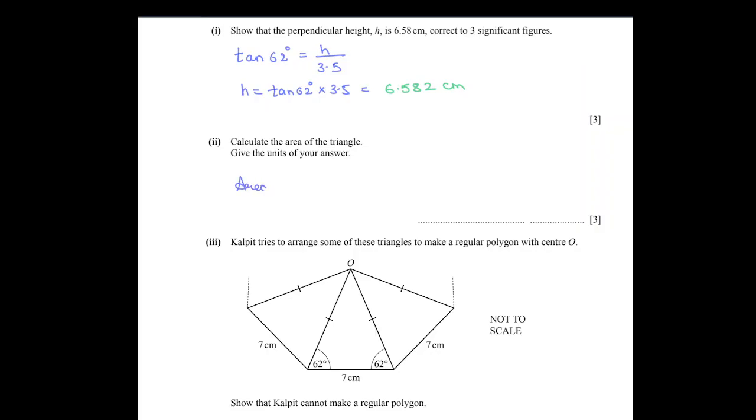Half into base into height, which is half into 7 into height.